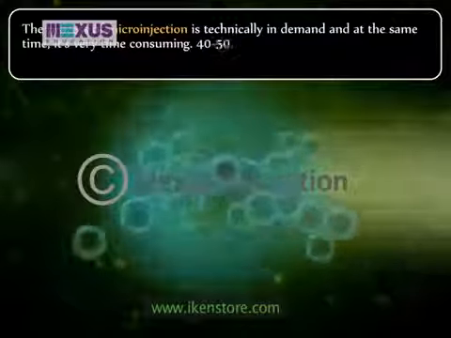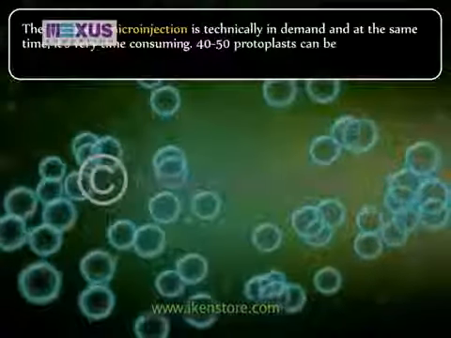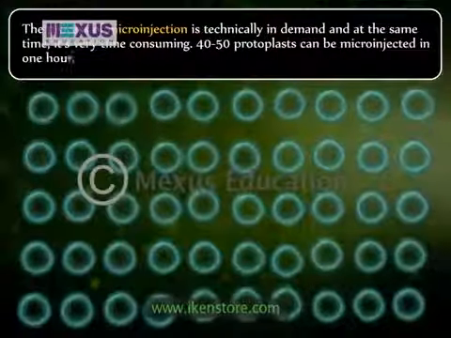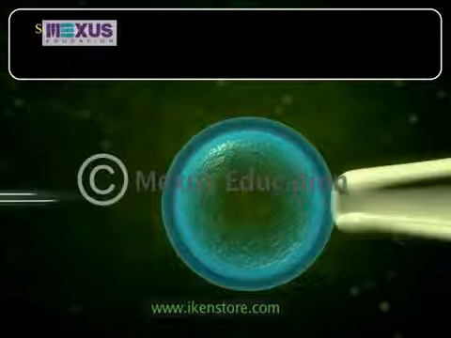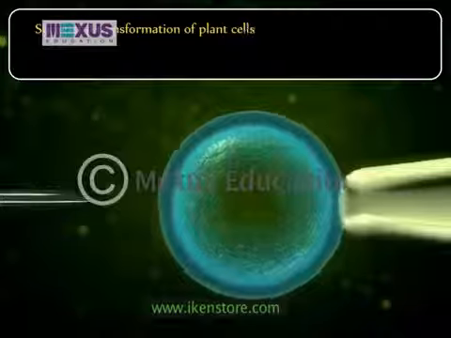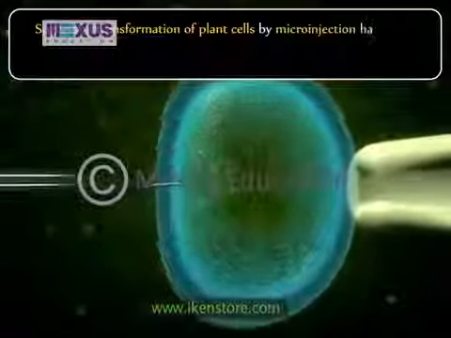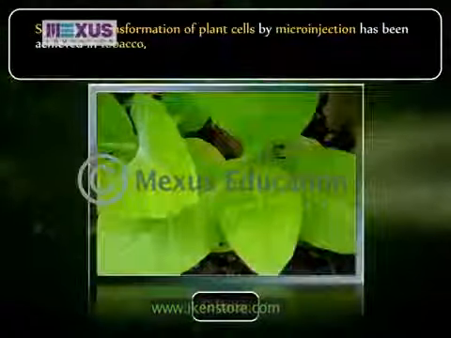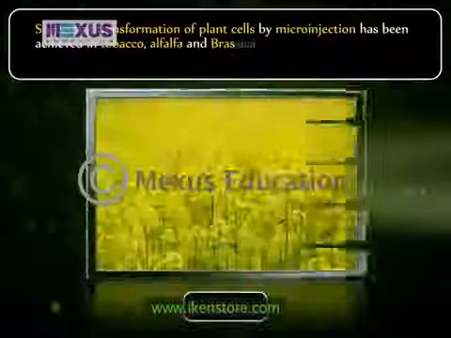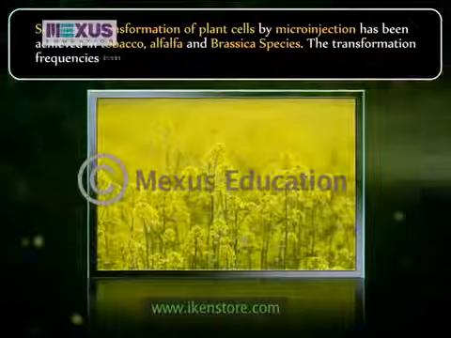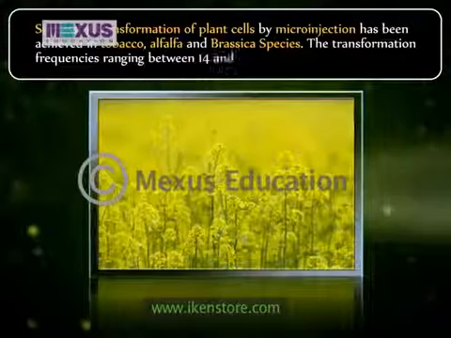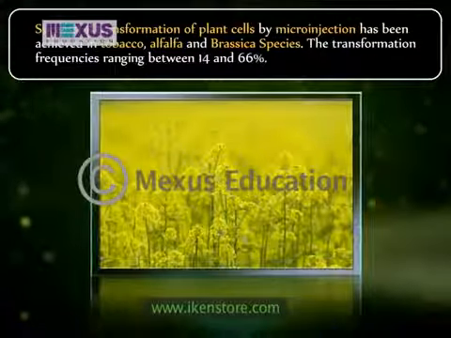Around 40 to 50 protoplasts can be microinjected in 1 hour. Successful transformation of plant cells by microinjection has been achieved in tobacco, alfalfa and brassica species. The transformation frequencies range between 14 and 66%.